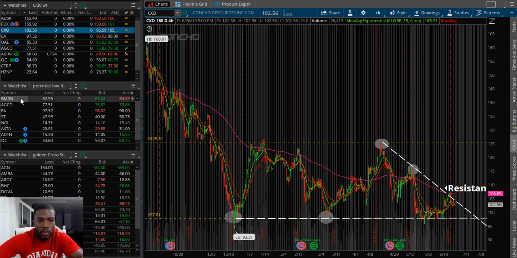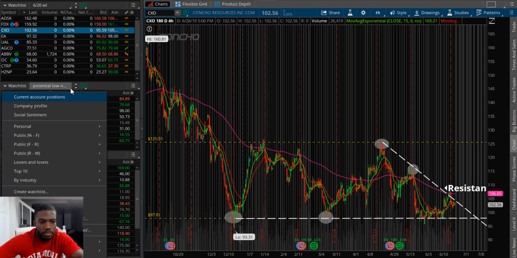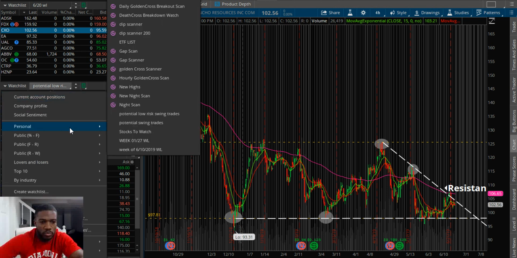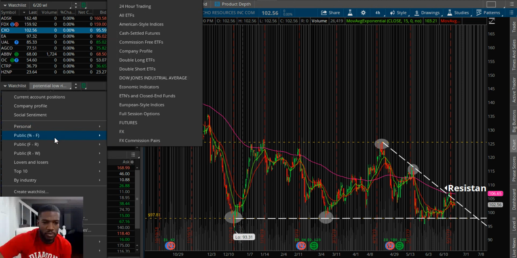That way, when you do that, you basically can load up the scanners that you just built. You got these personal. That's your scanners that you build personally, right? As you see, I done got a lot of them built here. I honestly, you can use a lot of these just automatic ones that's built already in the platform.